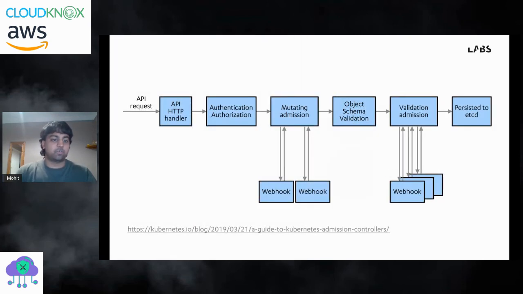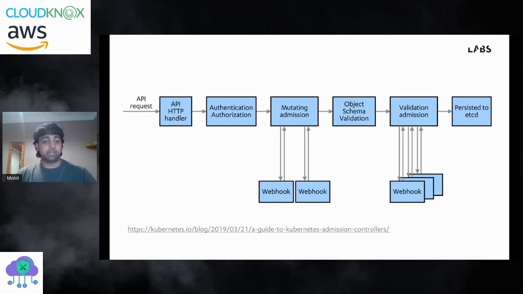So the overall flow looks something like this. When a request comes into the API server, the API server makes sure you're allowed to do what you're trying to do in the first place through RBAC, and makes sure you are a person or service account. It then passes it to the mutating admission controllers to see whether there are any changes they would like to make, and if they are happy with it.